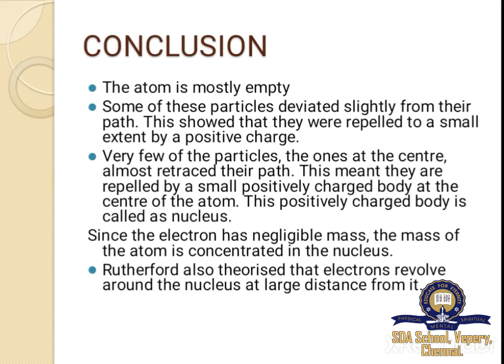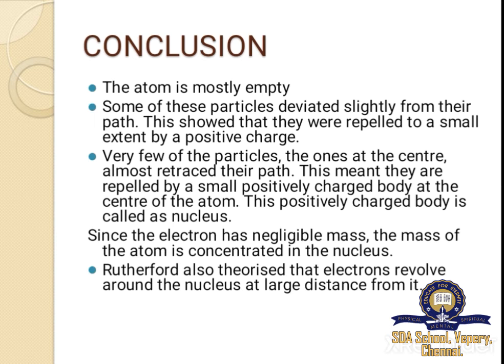Let's see the conclusions once again. The atom is mostly empty. Some of the particles deviated slightly from their path. This showed that they were repelled to a small extent by a positive charge. Very few of the particles, the ones at the center, almost retraced their path.